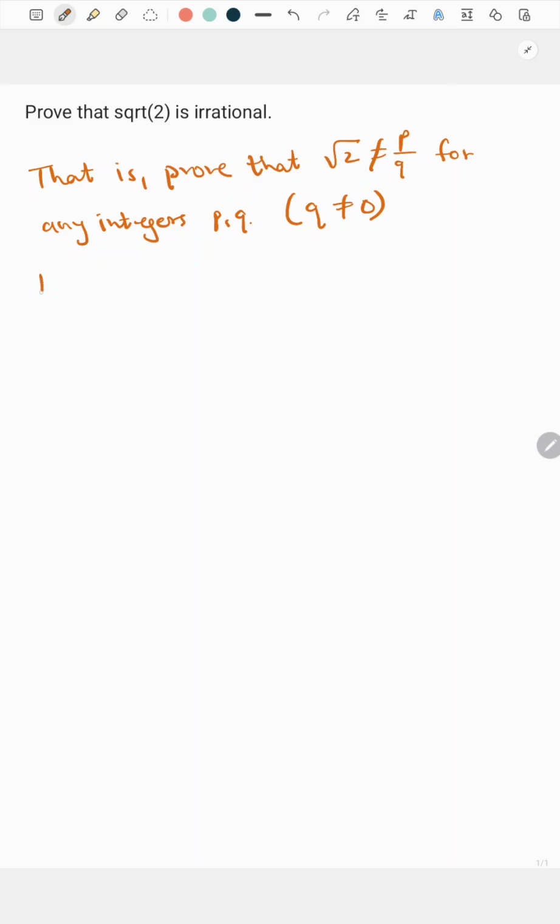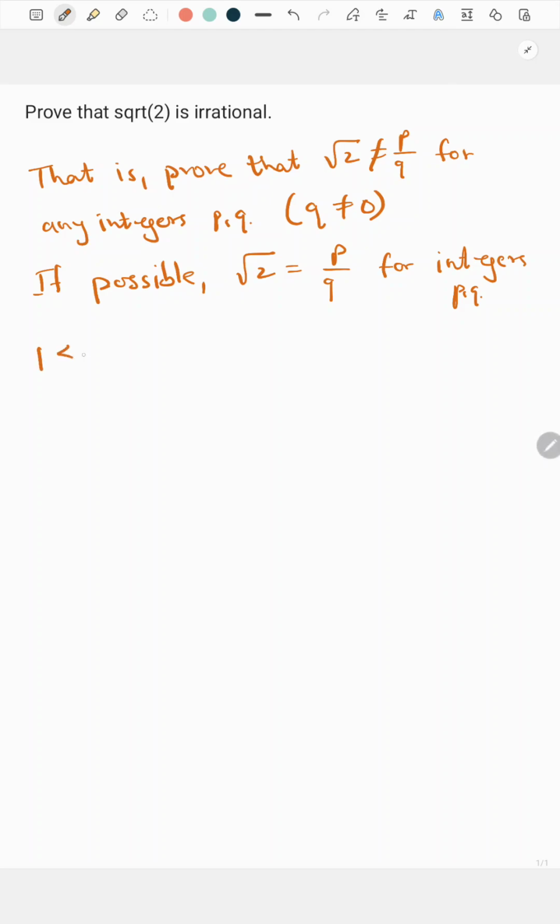So suppose, if possible, that the square root of 2 is equal to p divided by q for integers p and q. Now clearly q cannot be equal to 1, because the square root of 2 has to lie between the square root of 1 and the square root of 4, which is 2.